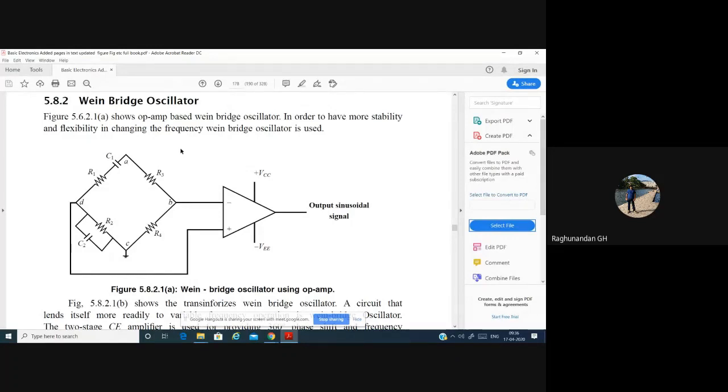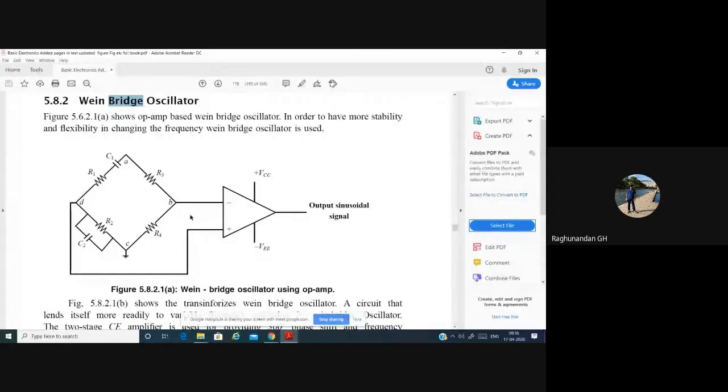In order to overcome those drawbacks, we are using the Wien Bridge oscillator. As the name suggests, it is a bridge. You might have already studied the bridge circuit in your PU or 12th, where you have some resistance bridge with points A, B, C, D. The same kind of bridge circuit is used here, and the output across two points of this bridge is taken as input to the op amp.